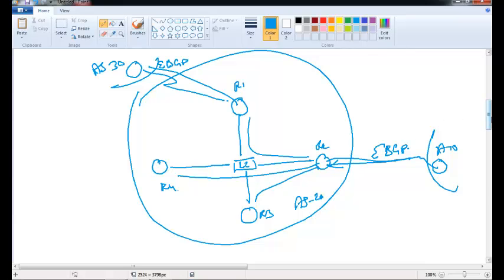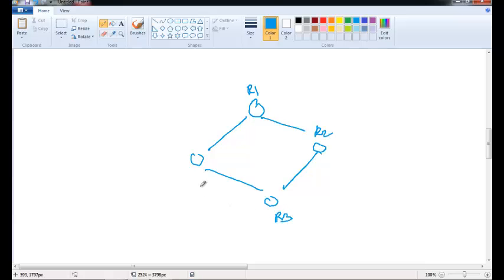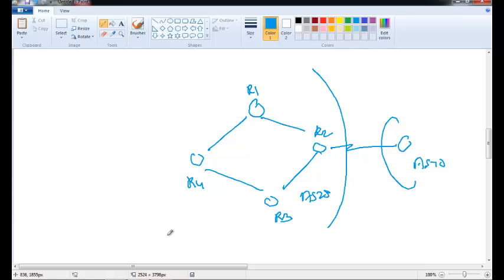But when it comes to this type of design, this is AS 20, this is autonomous system 10.